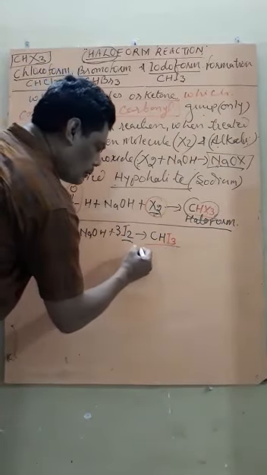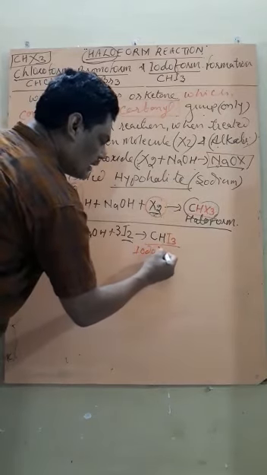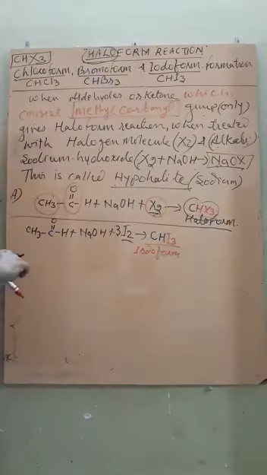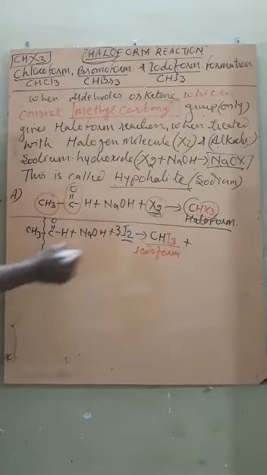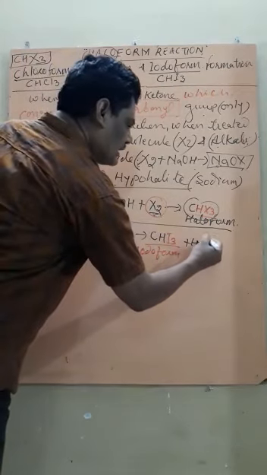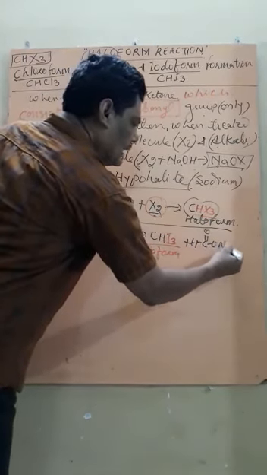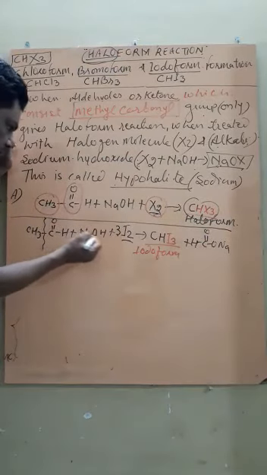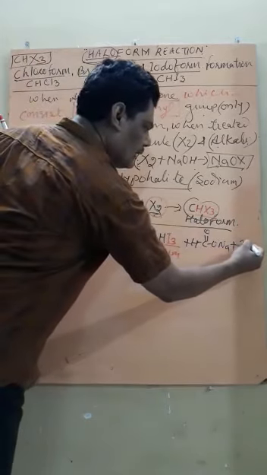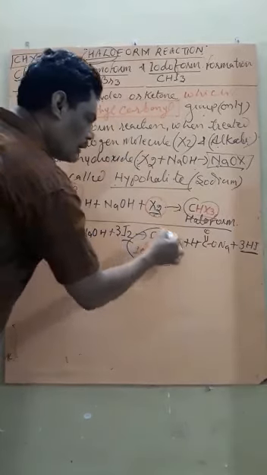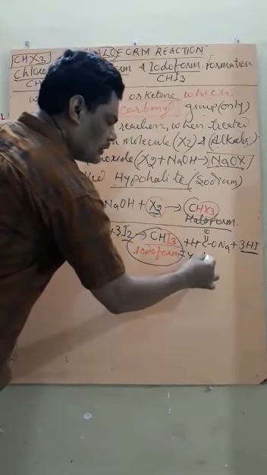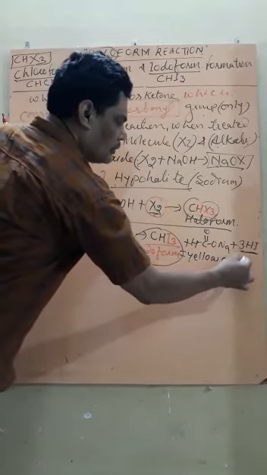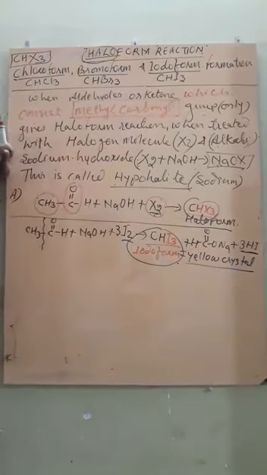This is called iodoform, the yellow crystal of iodoform, plus the rest of the compound. The bond breaks from here, therefore it becomes HCOONa, and the remaining thing is 3HI. So this gives iodoform, yellow crystals of iodoform.